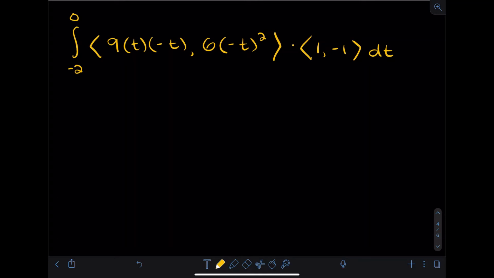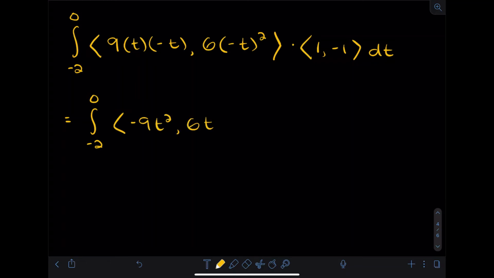So now this is very simple. We just want to do the dot product, simplify, and then we'll integrate. So let's go through that. So minus 2 and 0. Here we're going to have minus 9t squared and 6t squared, dotting that with 1 and minus 1, and the dt.